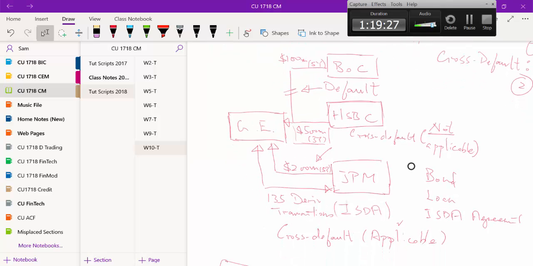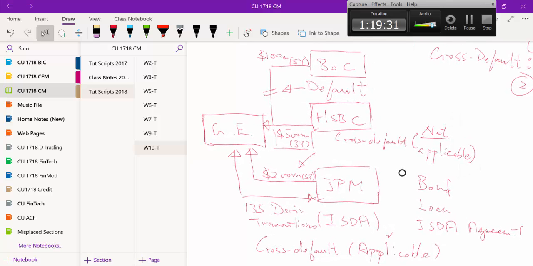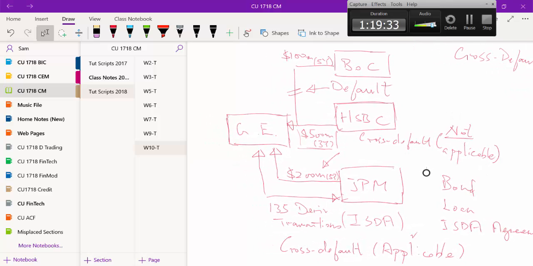So here, GE has banking relationships with 3 parties: BOC, HSBC, and JP Morgan. So the BOC loan is $100 million for 5 years.